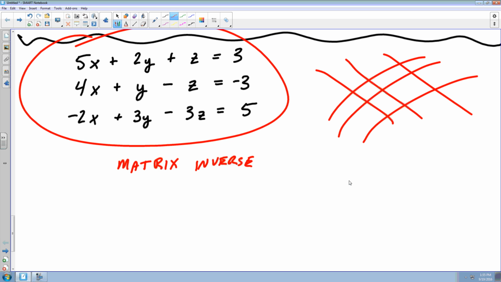So what we're going to do here is a process called Gauss elimination. And the good news about Gauss elimination, even though it is a little bit harder to do, I mean, it's not hard. Gauss elimination actually is really easy. Once you get the hang of it, this is very easy.